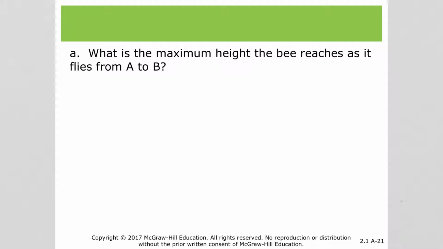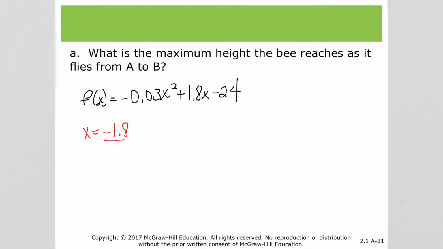So let's write that down again. We've got f of x is equal to -0.03x squared plus 1.8x minus 24. So to find the x value of the vertex, again, we use -b over 2a. And that gives us 30.